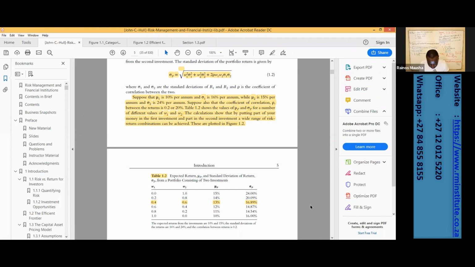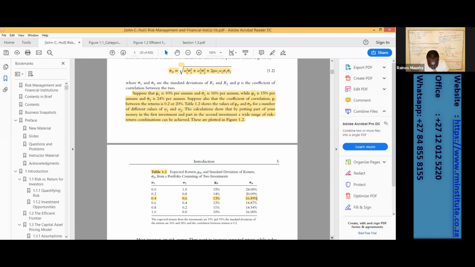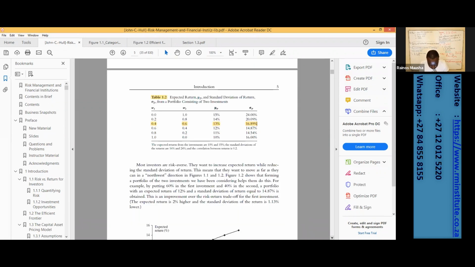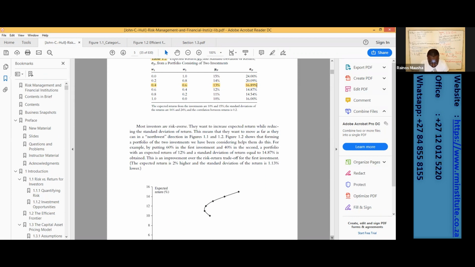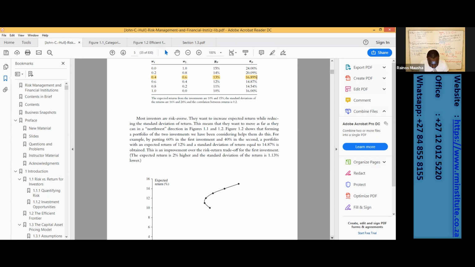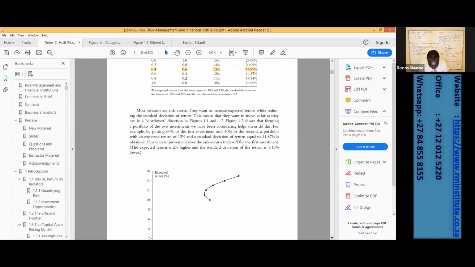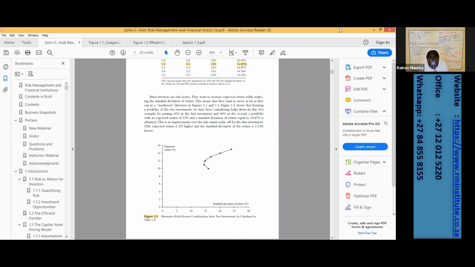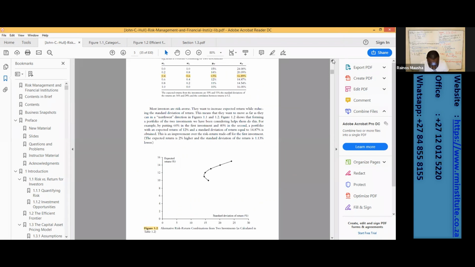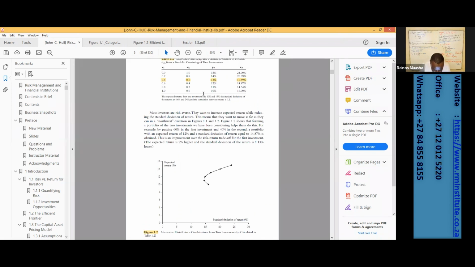Right? Now, given this relationship, we can now plot this information on a graph, which is figure 1.2.